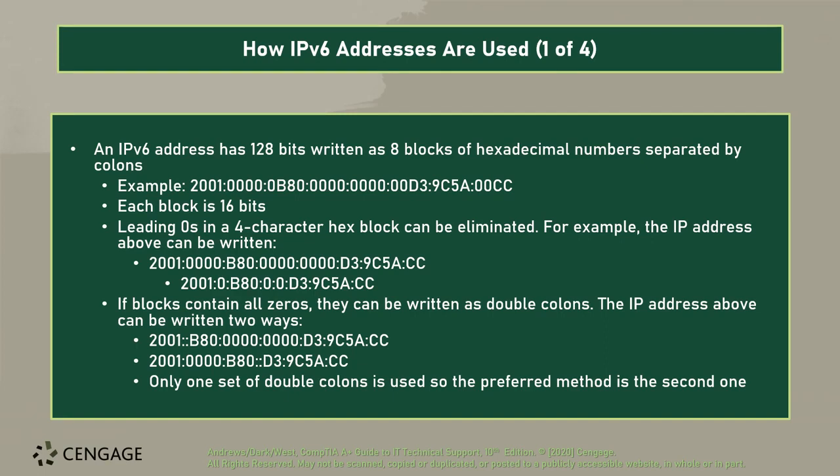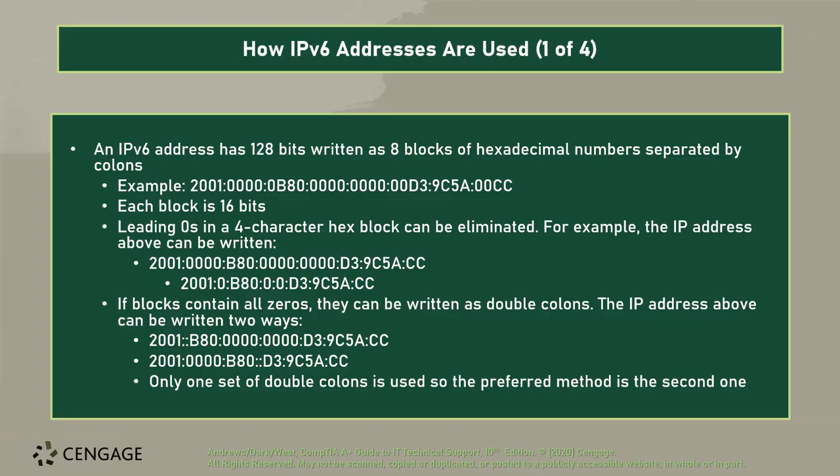So you can see here that we could either take the first 0 block, which is block 2, or we could take the second 0 block, which is block 4 and 5, and eliminate those. I generally like eliminating ones that are a little bit larger, so that way we're optimizing the use of the double colon, but legally you could do it in either sequence. Just make sure, because using double colons more than once would create ambiguity, meaning that we don't know how many blocks are being represented by the double colons if there's more than one, we have to make sure that we only employ it once.